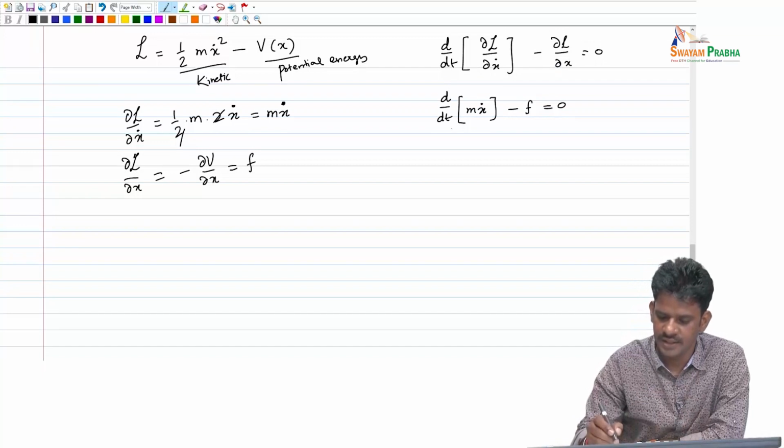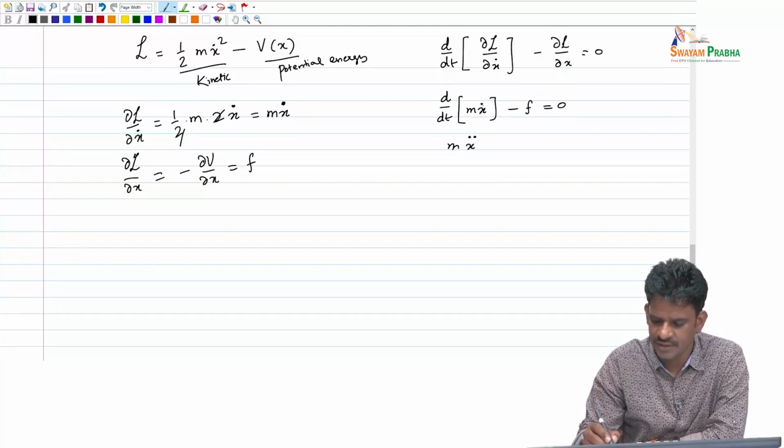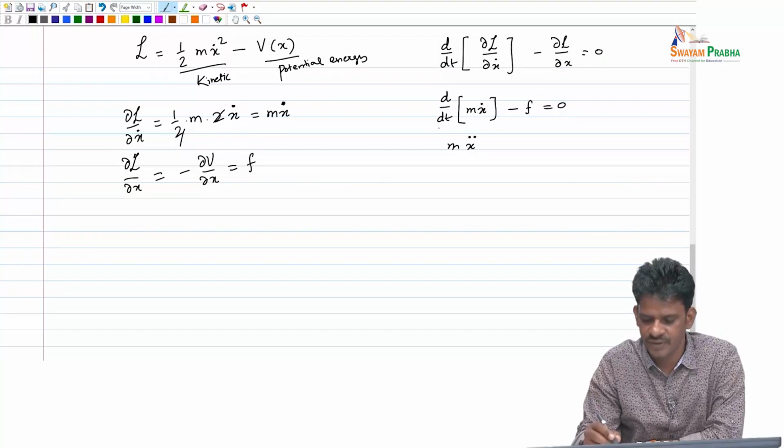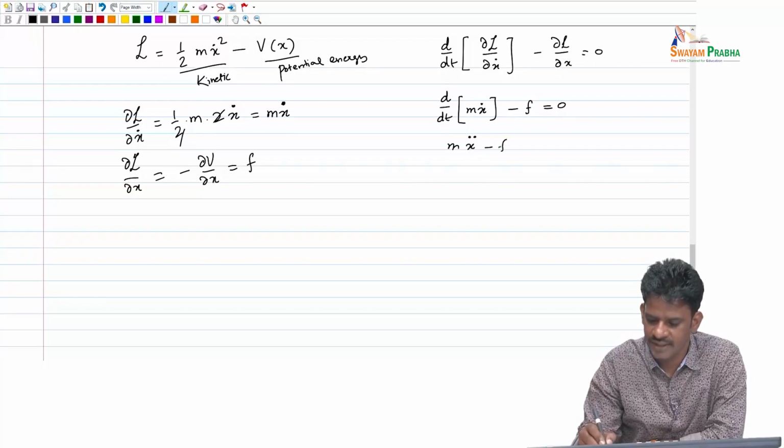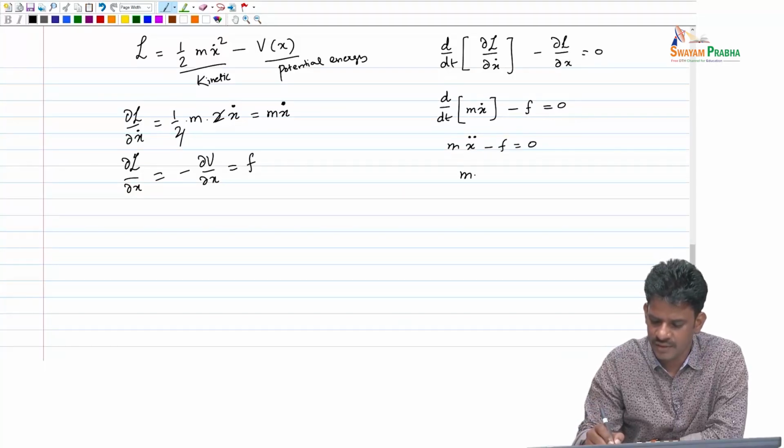Okay. And then we take m out, then we write x double dot. The dot here means it's a time derivative, so we are doing one more time derivative. So, it becomes m x double dot minus f is equal to 0, and this is something familiar to you.